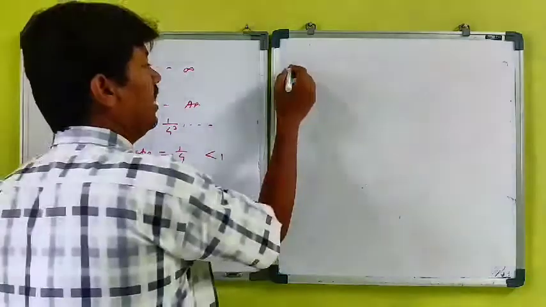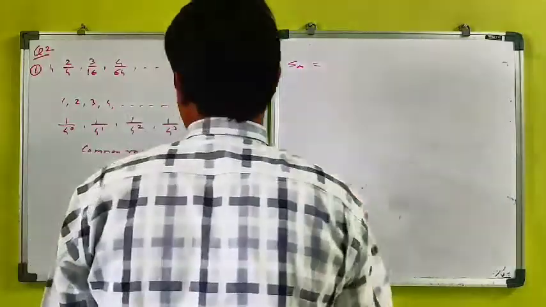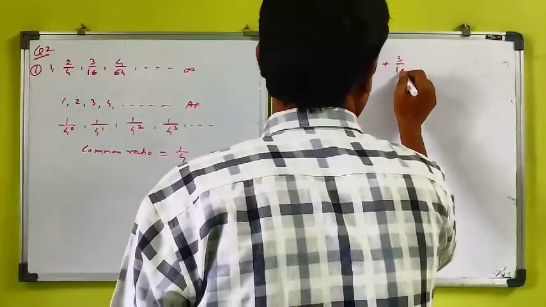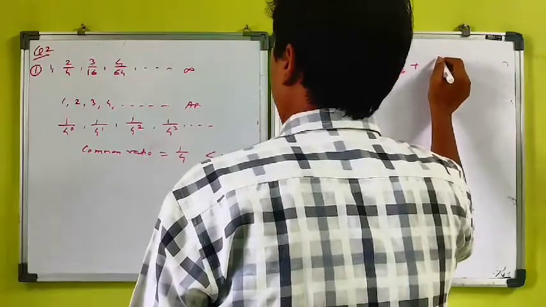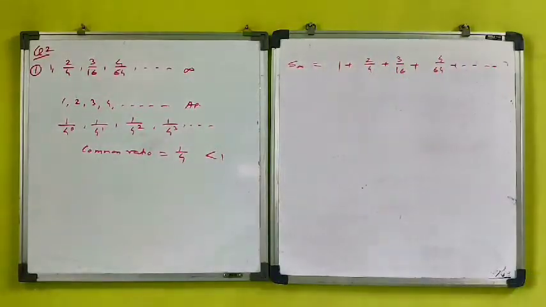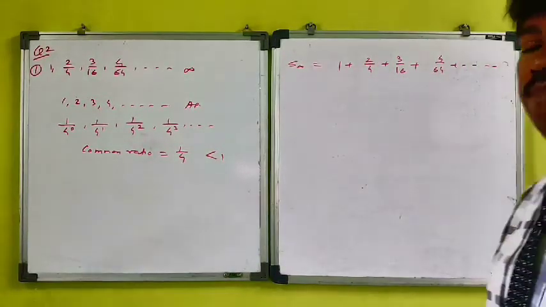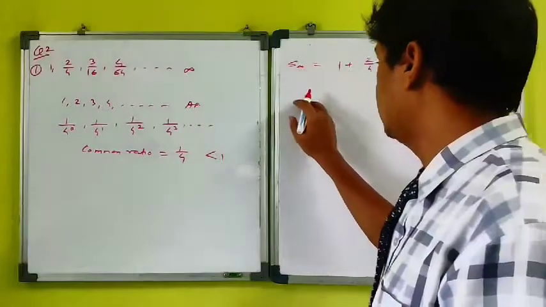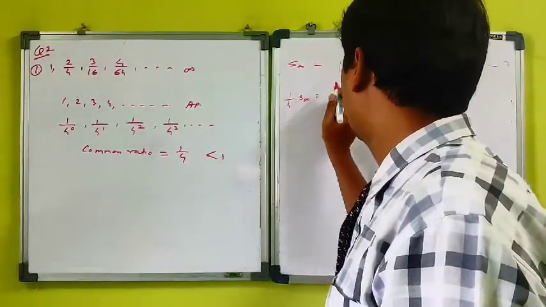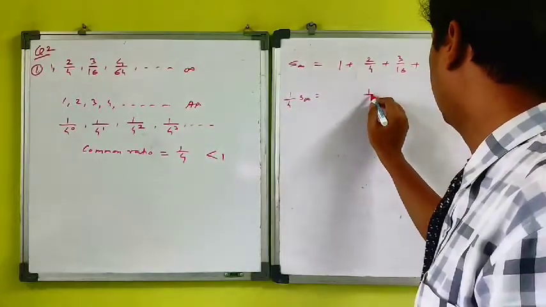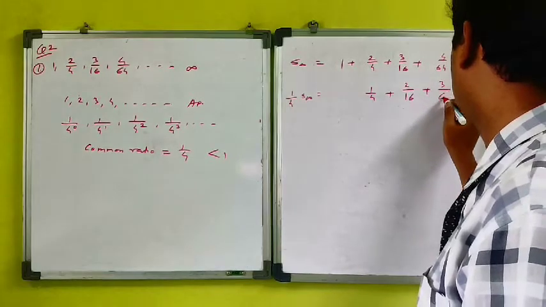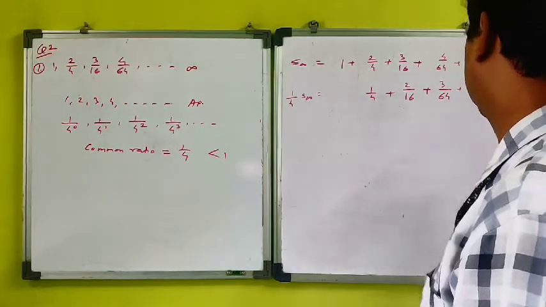So the sum of the infinite series here is S infinity equals 1 plus 2 by 4 plus 3 by 16 plus 4 by 64, like this to infinity. When it is infinity, the method is to multiply S infinity with the common ratio, that is 1 upon 4, then 2 upon 16, then 3 upon 64, like this.